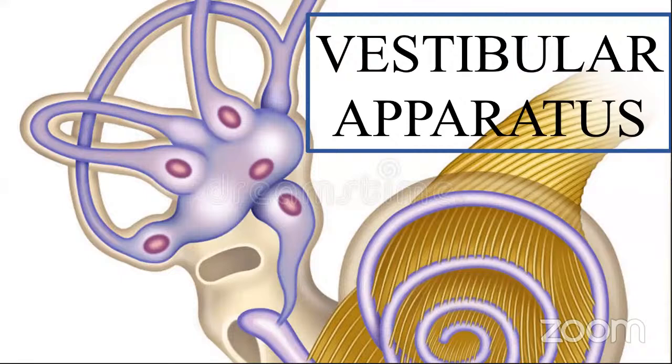And the vestibular apparatus consists of semicircular canals, utricle, saccule, and endolymphatic duct. The main function of the vestibular apparatus is posture and equilibrium. Okay.